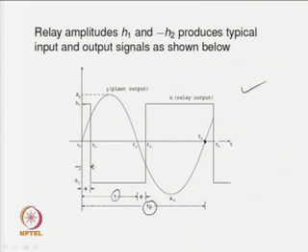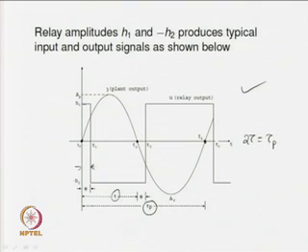So, when one starts from time t 0 from this 0 crossing, goes through another 0 crossing to the final 0 crossing, thus giving us one period of the output signal, which is given by the time period tau p, whereas tau is the half period. If you look carefully, tau is not equal to tau p; tau is the half period, tau p is the full period.